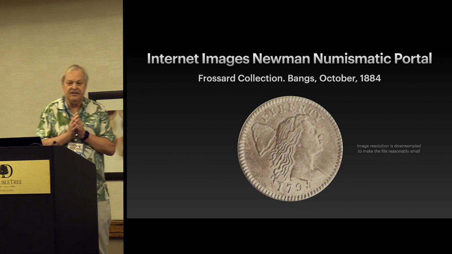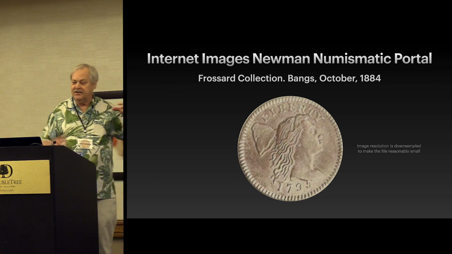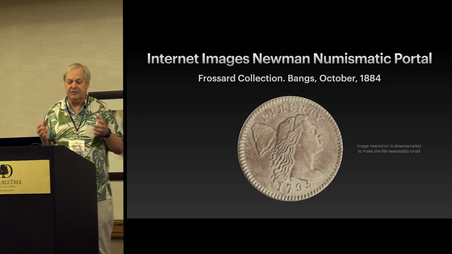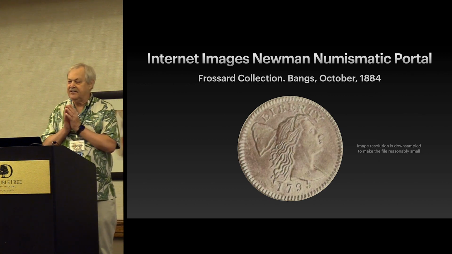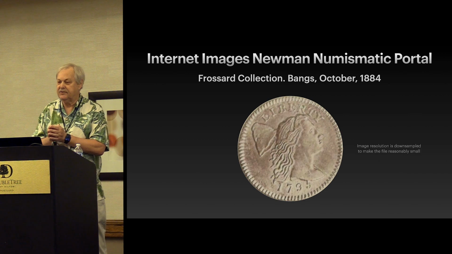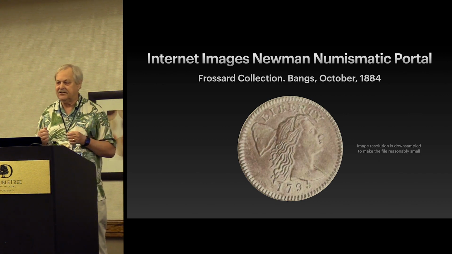Well, the reason that they look different is that the Newman Numismatic Portal cannot have all of its images at 2400 pixels per inch. They would run out of bandwidth, they would run out of computer space, they have to downsample everything. If you were trying to download the page from the Newman Portal, it would take forever, even on a fast connection.